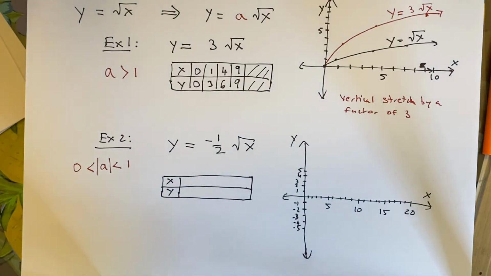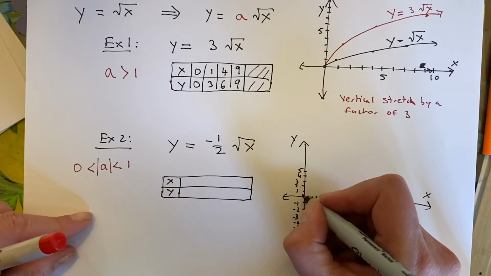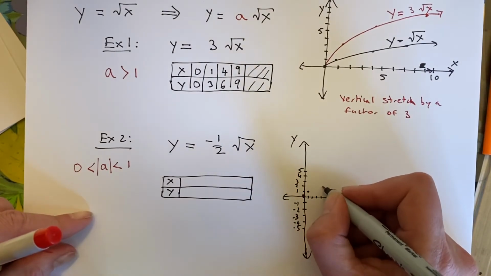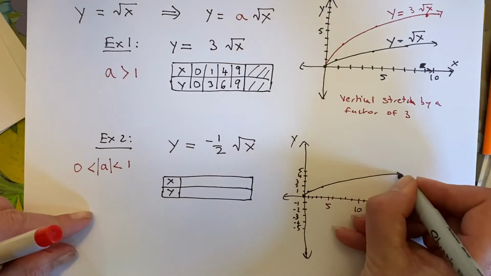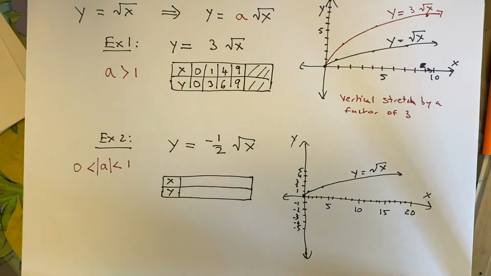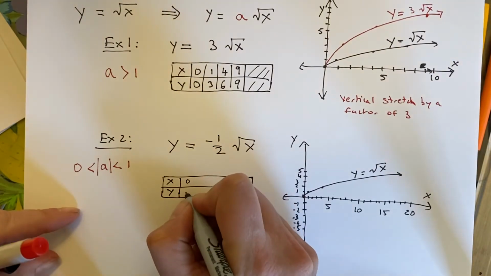Okay, so again, let me put in my parent function in black. 0, 0, 1, 1, 4, 2. That's my y equals square root of x function. Okay, now I'm going to look at y equals -1/2 square root of x. And if we go through our values, if x is 0, y is 0.